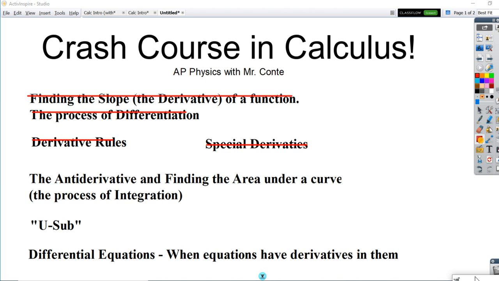Alright, switching gears now. We've taken care of what essentially in college would be your first semester of calculus, dealing with differentiation. So again, that was a very quick overview of derivatives, but it gives you an idea of some of the things that you'll need to look out for. But in the second semester of a calculus course in college, you learn about the antiderivative and the process of integration.